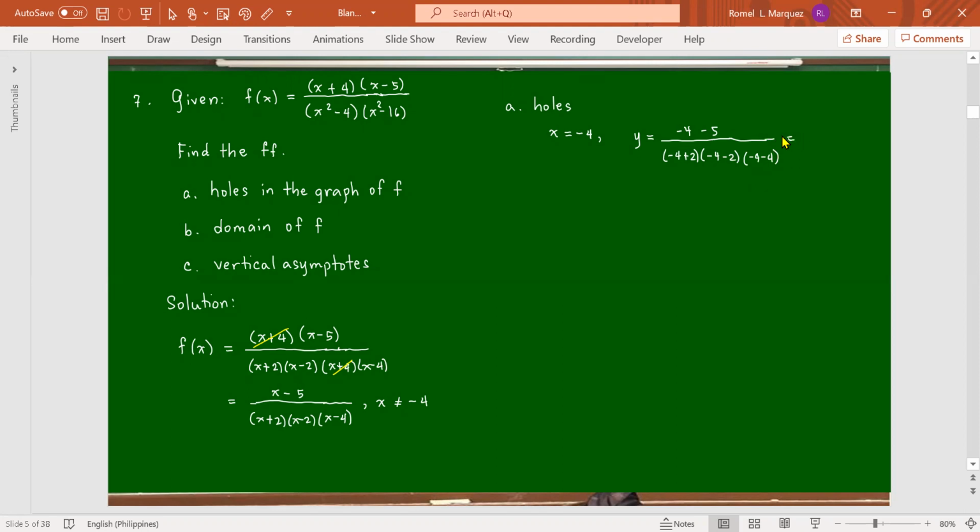So giving negative 9 in the numerator, in the denominator, negative 2 times negative 6 times negative 8, so negative 96.